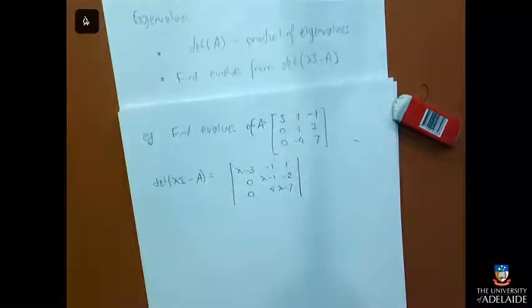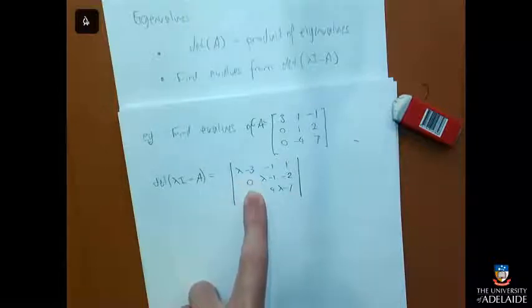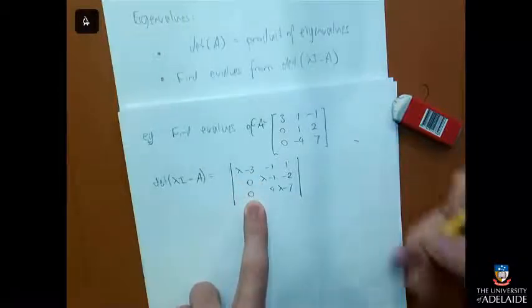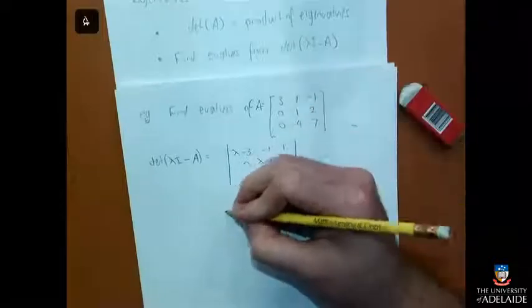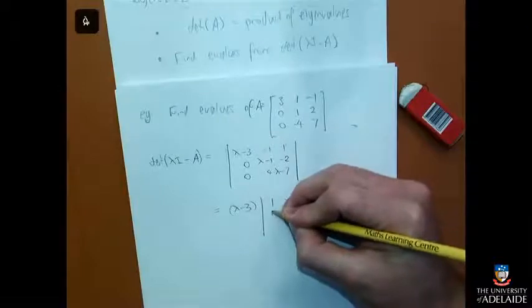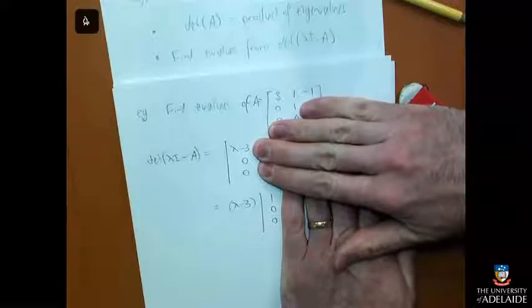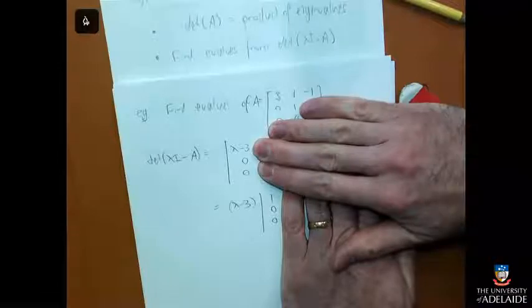All right, here we go. Notice that the first column is a multiple of lambda minus 3. Lambda minus 3 goes into lambda minus 3, it goes into 0 0 times, it goes into 0 0 times, and so I can do this. So that first column, I took the lambda minus 3 out and left a 1 behind. I'm dividing by lambda minus 3 there, like factorising it out.